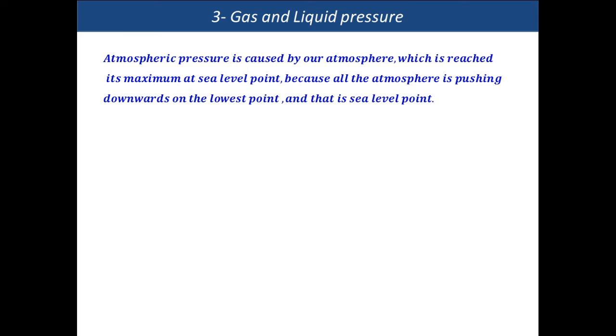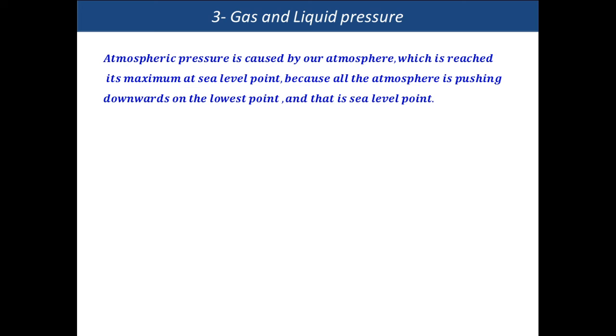Why? Because it's all on top of you. If you climb a mountain or fly in an airplane, this pressure will be reduced. The higher you go, the lower this pressure goes. Why? Because the column of atmosphere above you is reduced also. But you have the feeling of the highest pressure from the atmosphere when you are standing at sea level.